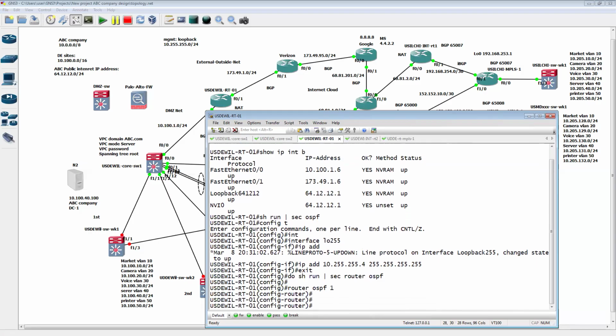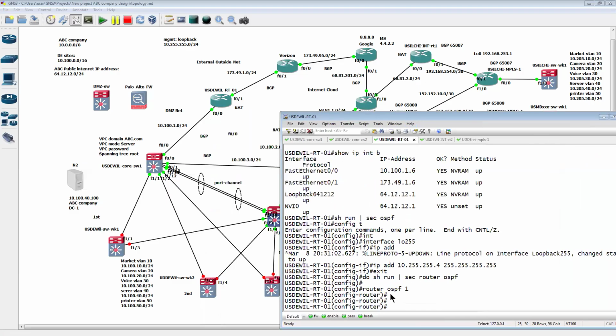In this case, same thing again. Now, be careful in here, because this is the internet router. You don't want to accidentally form OSPF with Verizon, because sometimes you never know.